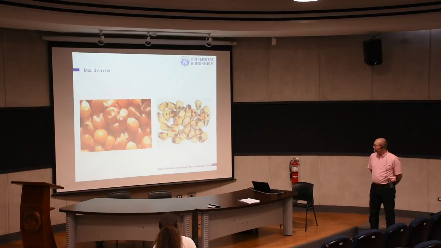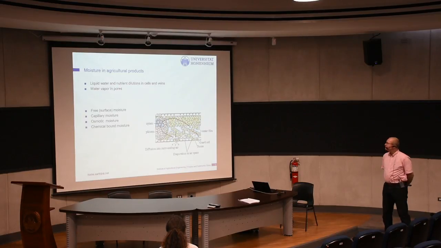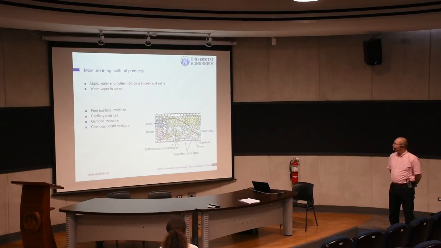Fine, this is the background of our topic today, the problem which we have to solve, and again, we need some fundamentals. And first, maybe the forms of moisture in agricultural products. So moisture content is all liquid water with nutrients which are dissolved in the cells and in the veins.